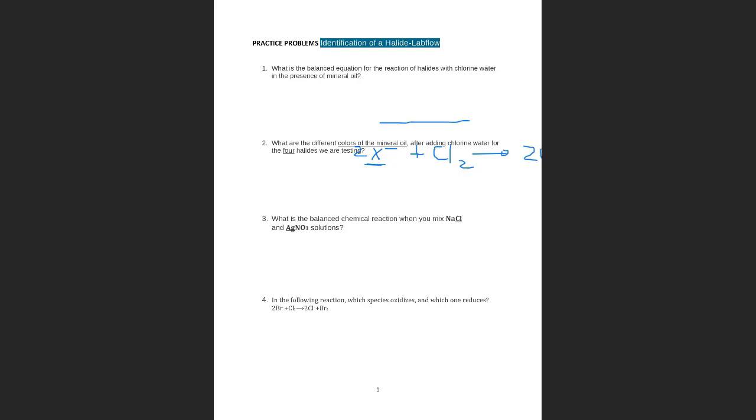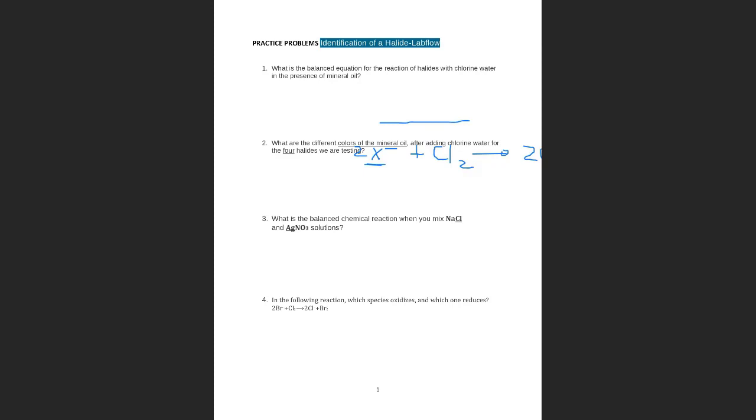That is the whole thing. Any questions on oxidizing and reducing, or is it clear? Okay, let's go to the next question.